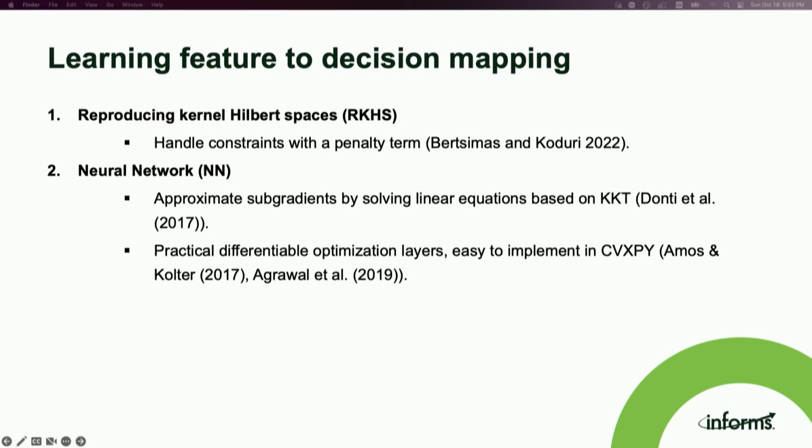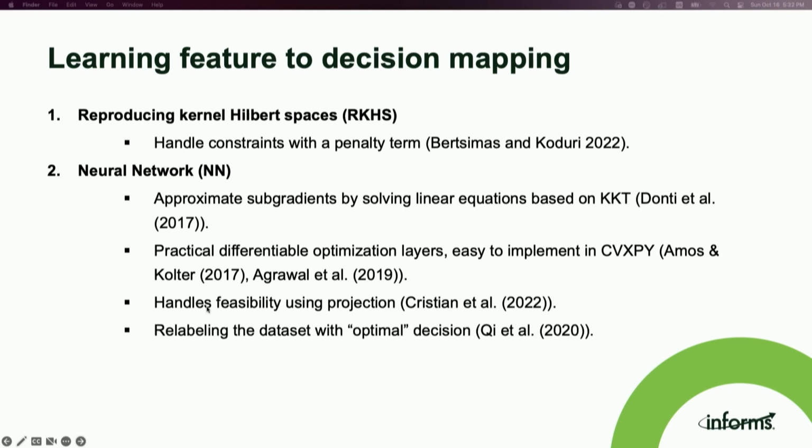Another work proposed a neural network structure that handles feasibility using projection. And one of our recent works avoids this non-differentiability and relabels the data set with surrogate optimal decisions, and we directly build a supervised learning framework upon that.